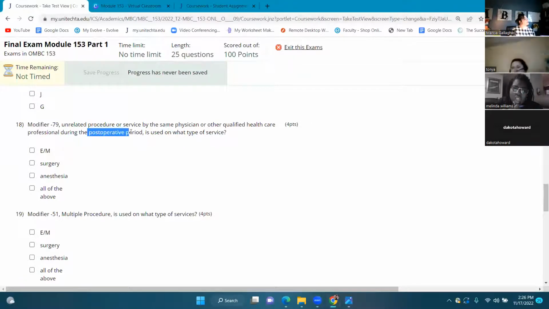What does this say? Postoperative. If you're postoperative, operate means a surgery. So your answer is going to be surgery, because it's the postoperative period.